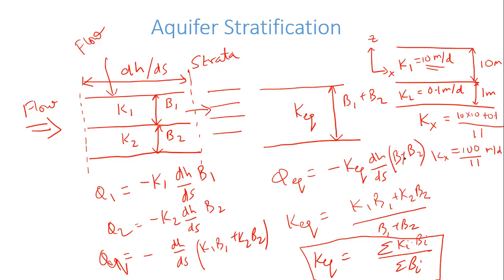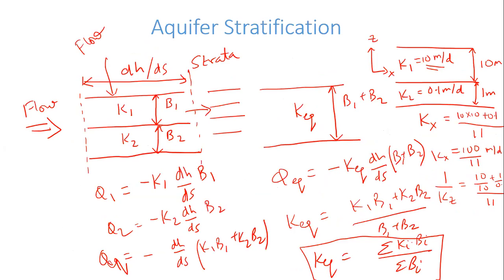There's only a 10% difference. Now let's do the same thing for the vertical direction. So 1 by Kz equals, what will it be? 10 by 10 plus 1 by 0.1, divided by 11. Can somebody just quickly compute this?